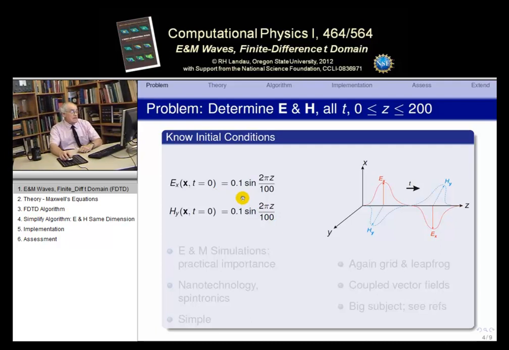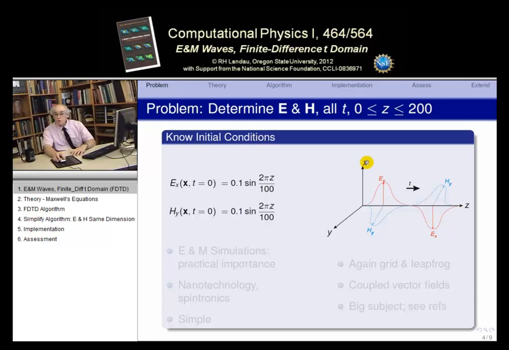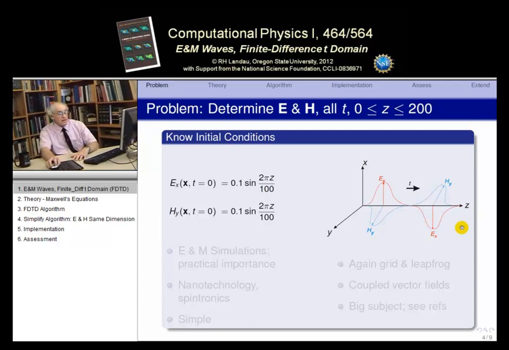So what you're seeing here is we're starting up initially with a wave E in the x direction, as we show up here in red. Okay? So the electric field has a component only in the x direction initially, and it varies throughout all the space sinusoidally like this.